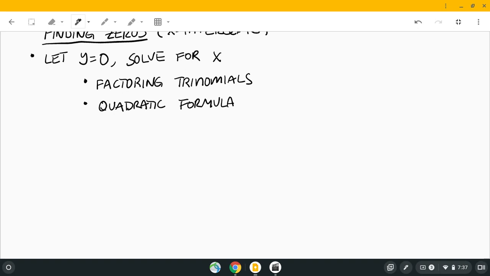Or maybe you're using factoring by grouping. So these are going to be the methods we'll be focusing on. There are other methods, synthetic division and whatnot, but we won't be doing those.